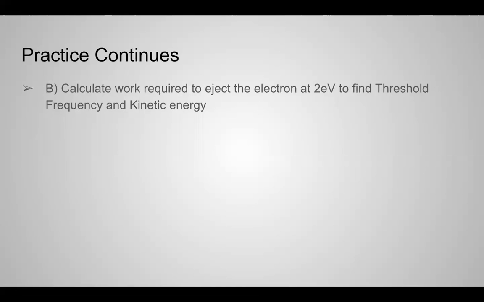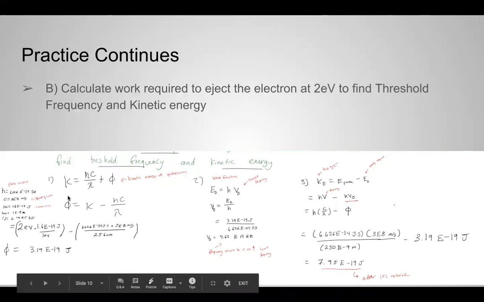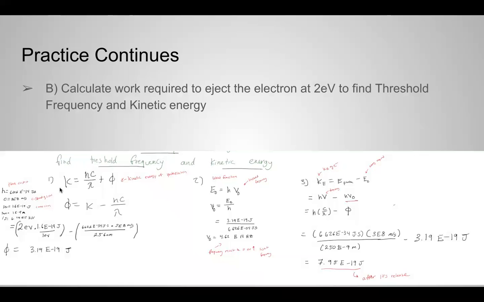From that, next, the problem asks to calculate the work required to eject the electrons at 2 eV, to find the threshold frequency and kinetic energy. So what we know is that the kinetic energy of photoelectrons can be given as K equals hc over lambda plus work.